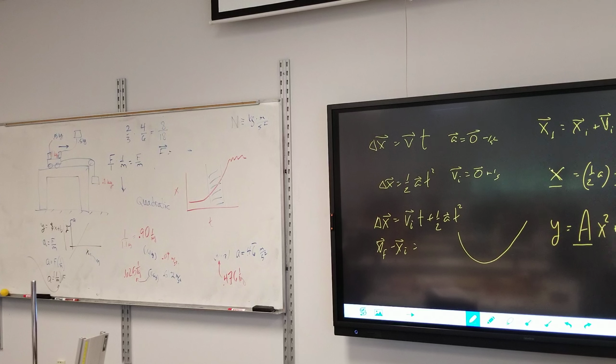But to find acceleration, recognize that in front of this squared term here is 1/2 times the acceleration. The LabQuest is going to give you this number. So this number should be half the acceleration. So if it gives you 0.72 for this capital A, then that's half the acceleration, so your acceleration is twice that.